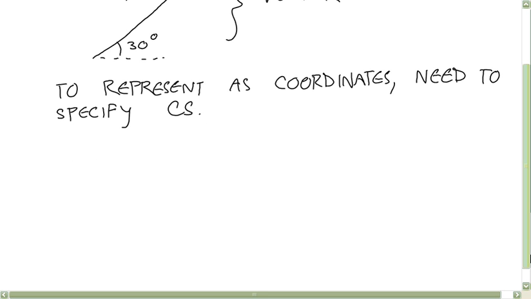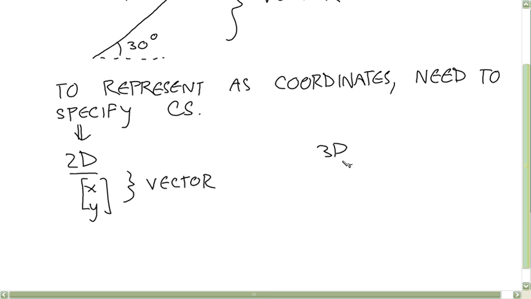Once you do that, you have a 2D vector that looks like this, or a 3D vector that looks like this. And really, they're the same thing.